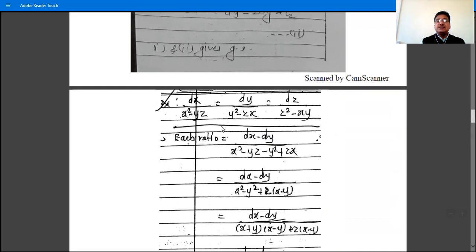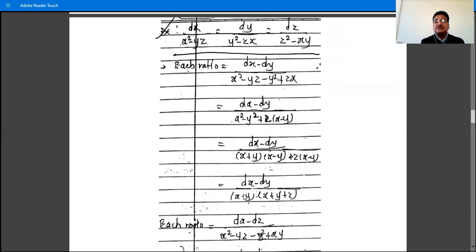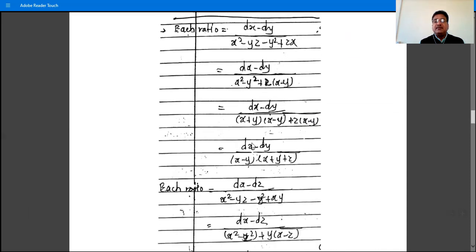And so each ratio is equal to dx minus dy, and the denominator is this. And then what happened? X square minus y square factorizes as x minus y into x plus y, and take x minus y as a common factor. So what do we have? Dx minus dy divided by this.